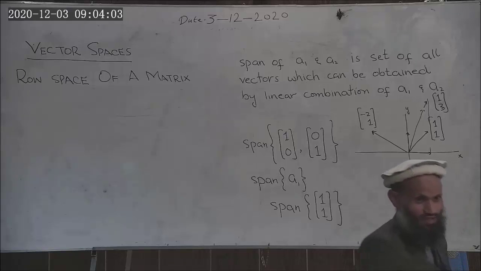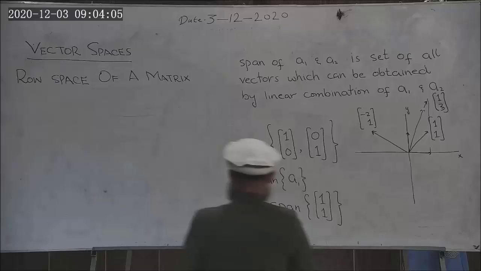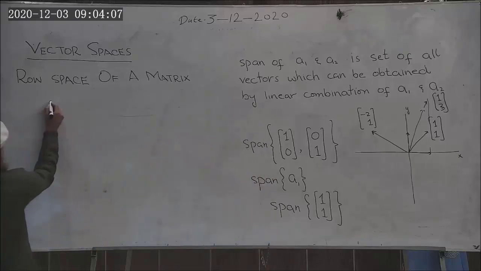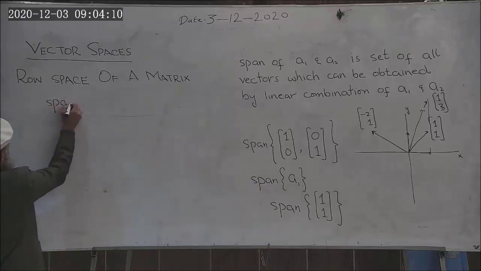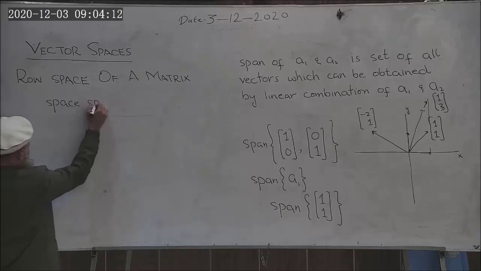That space is called row space, the space spanned by the row vectors.